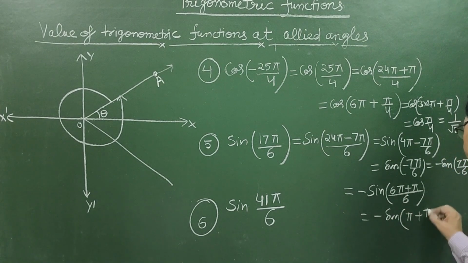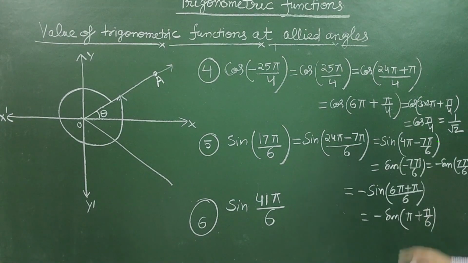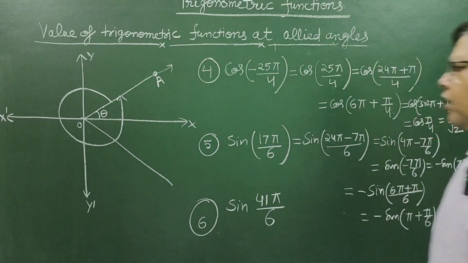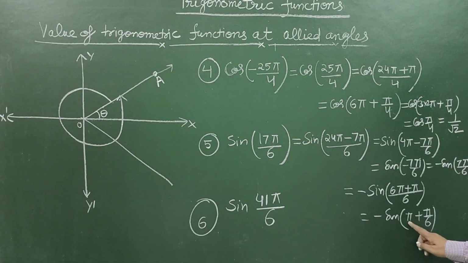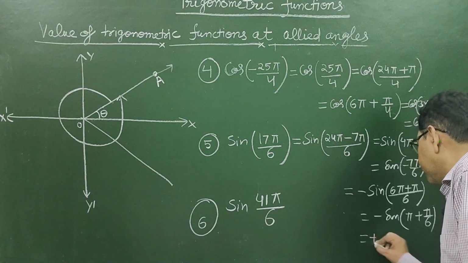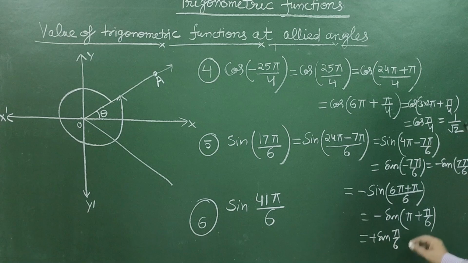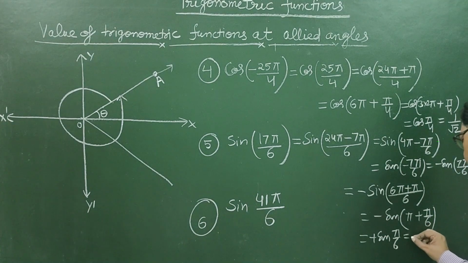Now pi plus some angle, you are in the third quadrant. In the third quadrant, sine is negative, so this is equal to plus sine pi upon 6. Already a negative sign is there, so minus minus becomes plus, so this is equal to sine 30. Sine 30 is 1 upon 2.